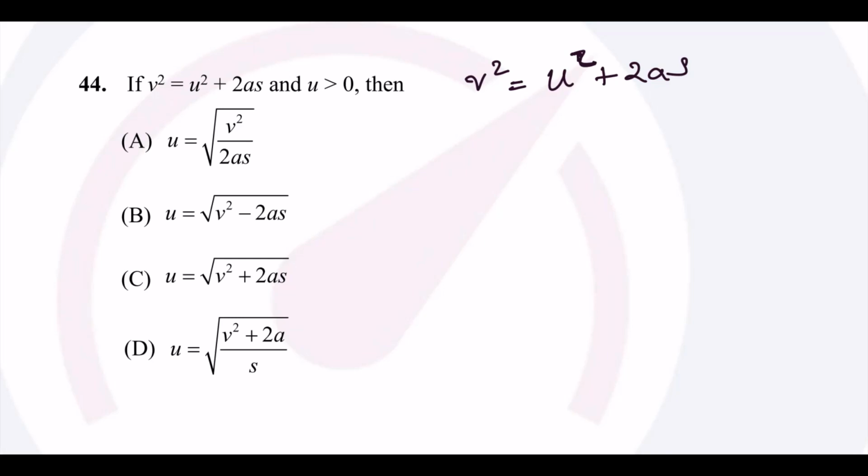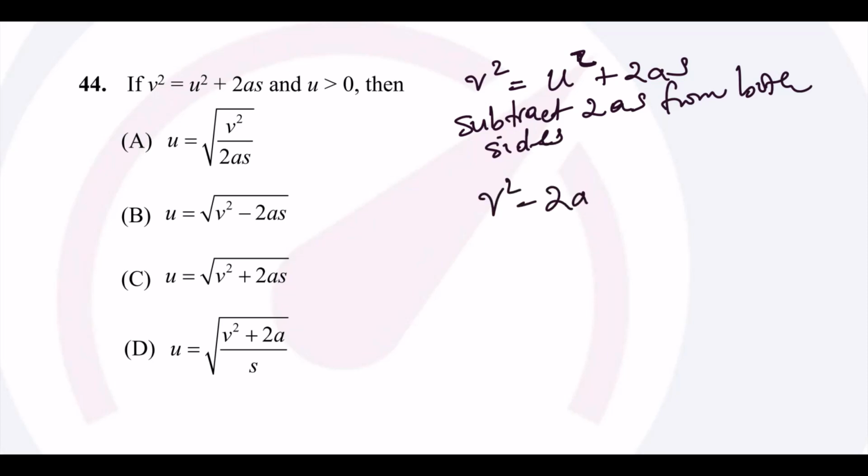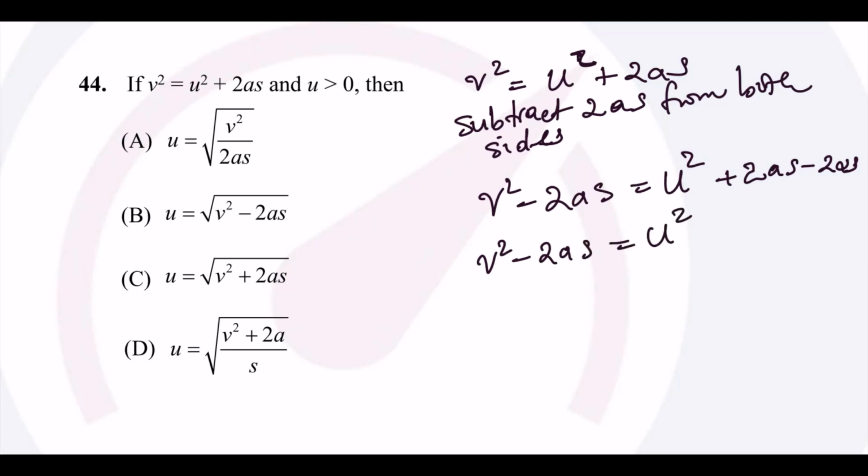Because 2AS is being added, we subtract 2AS from both sides. So then we have V squared minus 2AS is equal to U squared plus 2AS minus 2AS. So we're now left with V squared minus 2AS is equal to U squared.